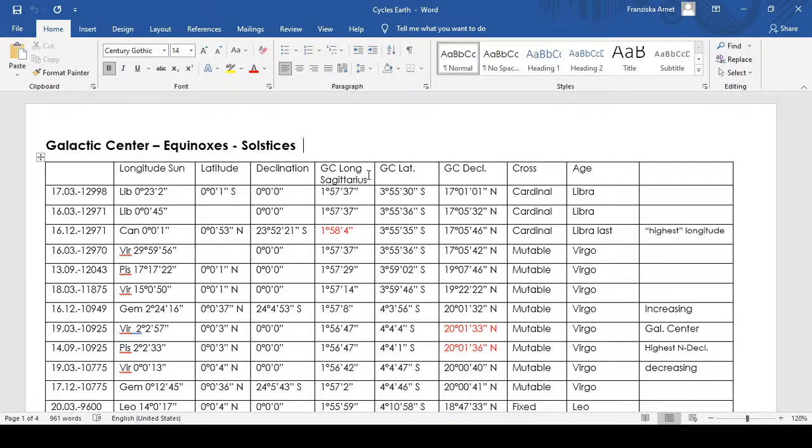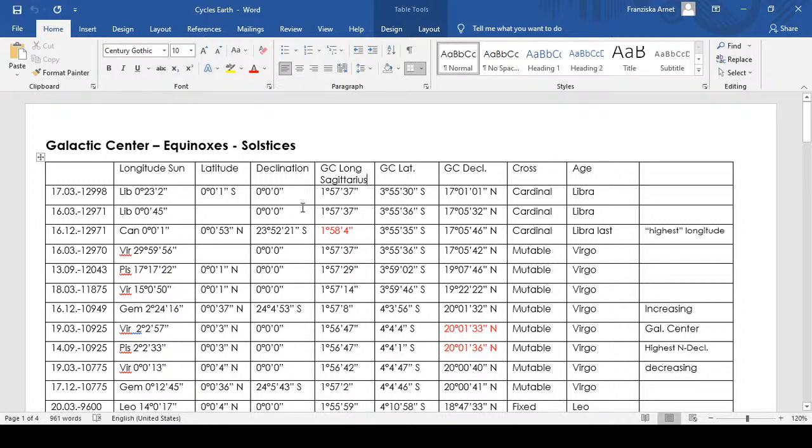So those are all heliocentric, but this one here is actually geocentric. So anyhow, we have the sun, and we have the declination. As you can see, when it is March, it's always 0 declination, and then for the solstice, it's a higher declination.